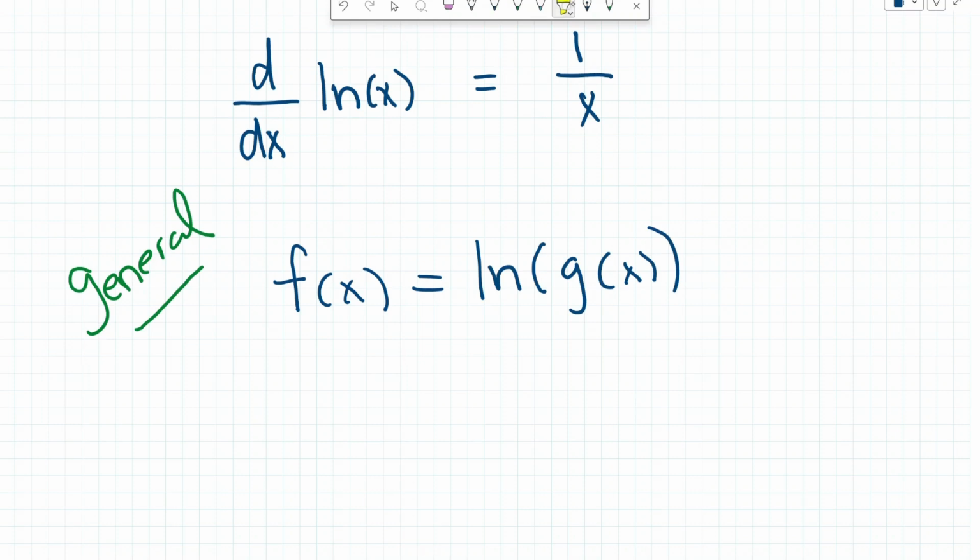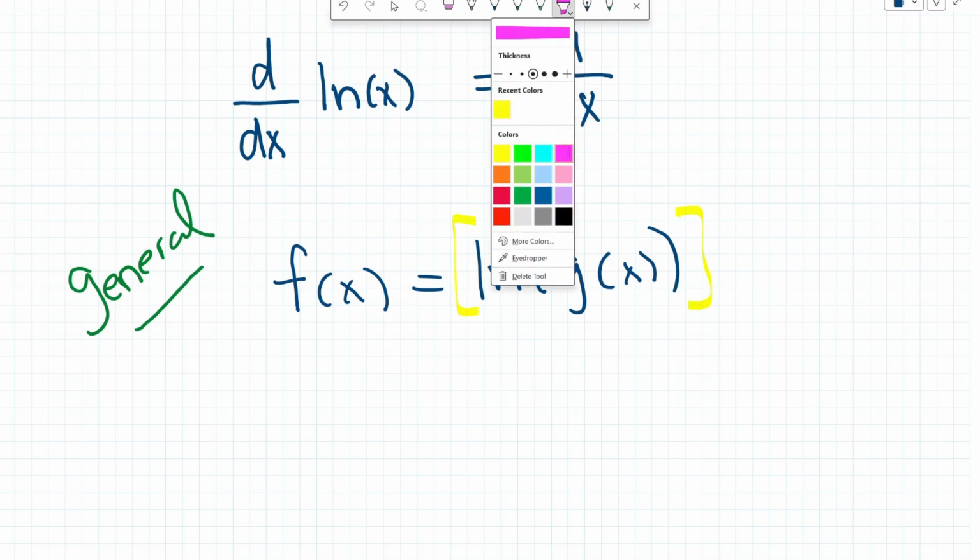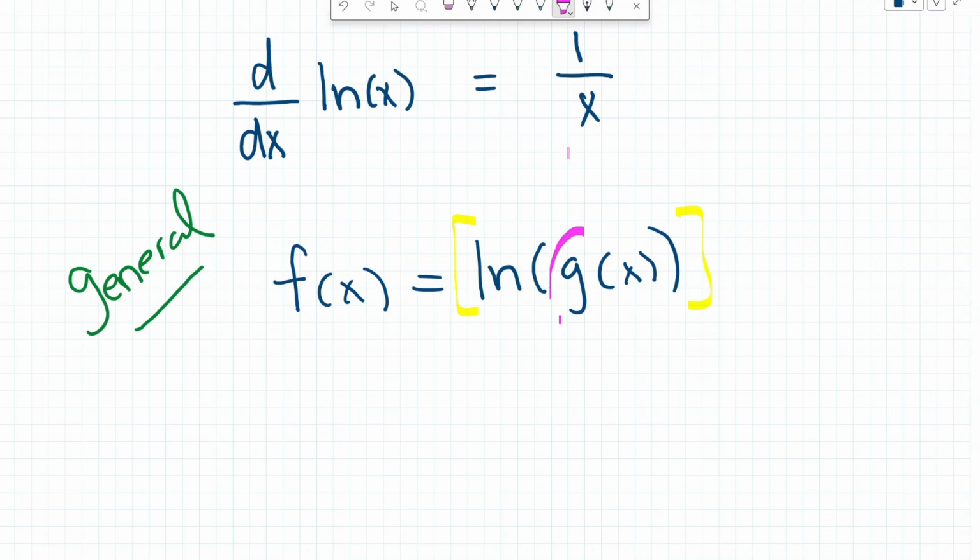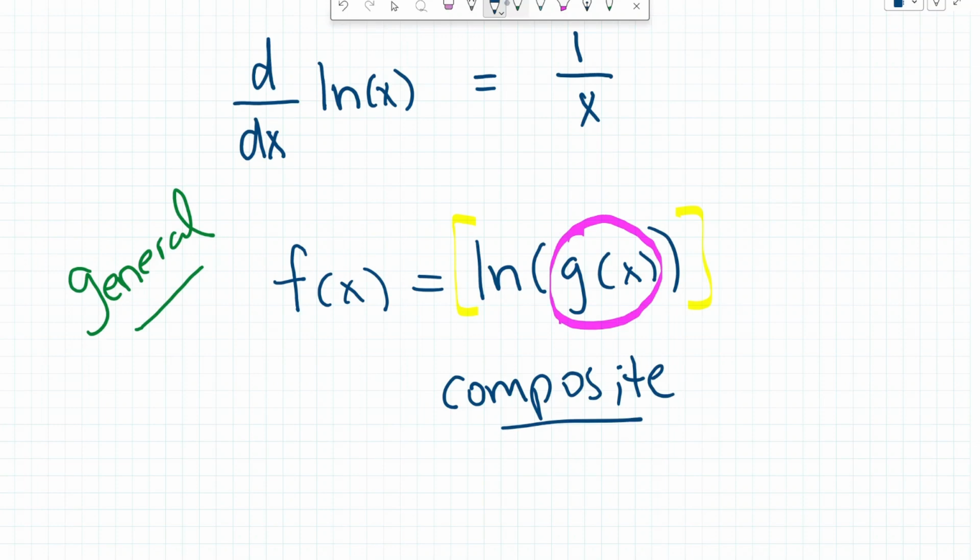It looks like we have some sort of outside function, which is our ln x, but it also appears that we have this inside function g of x. Whenever we have an outside function and an inside function, that means we are dealing with a composite function.